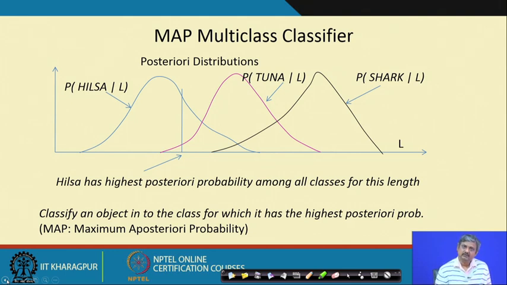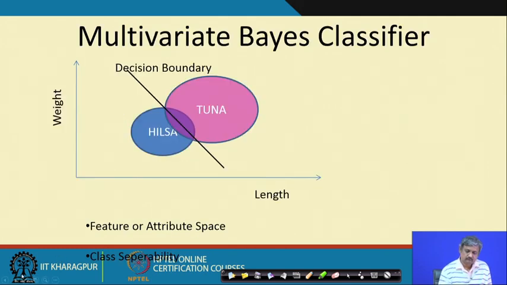So, what I will do next, for one dimension I have seen that the decision boundary was a point, L star, B star. Suppose my classes are multivariate, bivariate distributions.